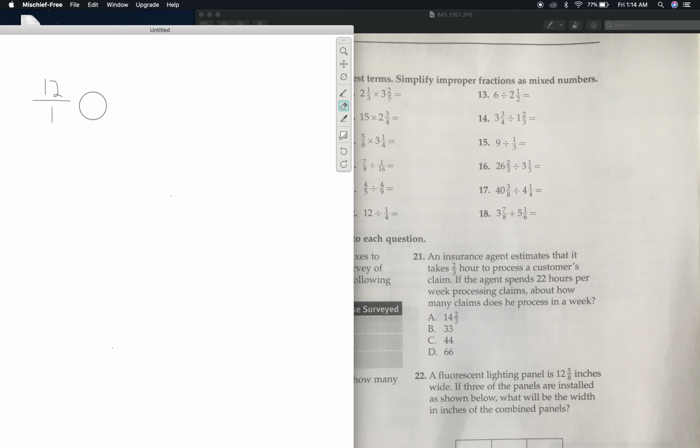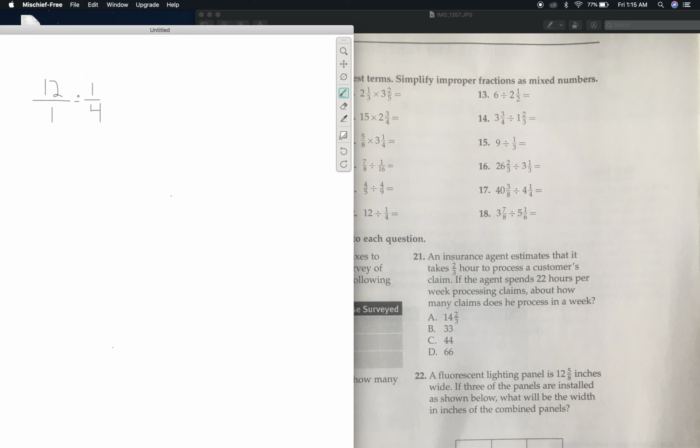I know I have it in me. Okay, so now with division, you actually have to invert this number here. So you would flip it around, okay?